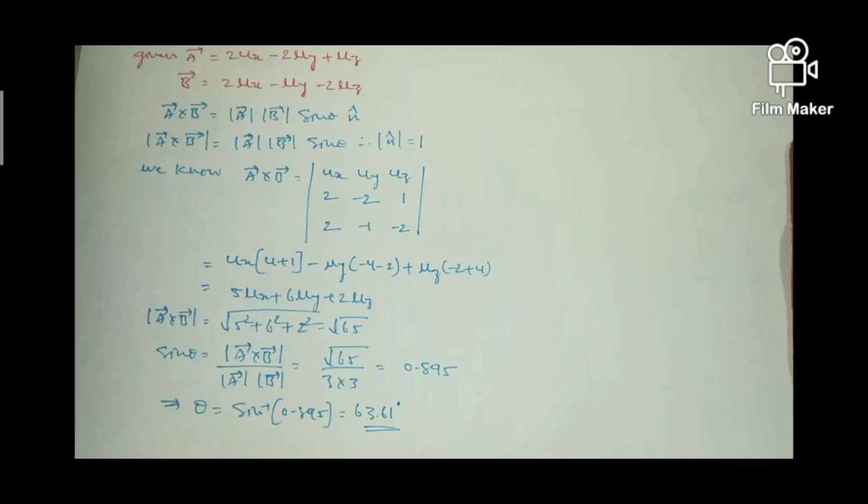The equation for sin theta is equal to modulus of a bar cross b bar divided by mod a into mod b, that is equal to square root of 65 divided by 3 into 3, which is equal to 0.895. And therefrom, theta is equal to sin inverse of 0.895, that is equal to 63.61 degrees, which is the same as what we got using the dot product also.